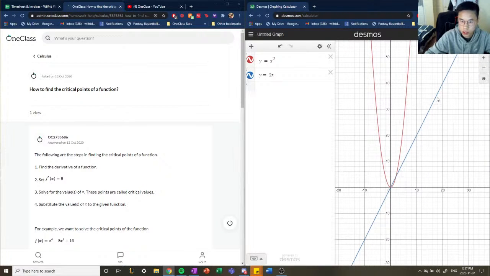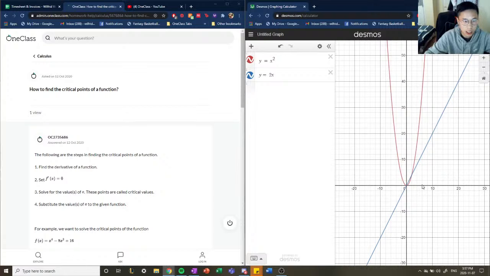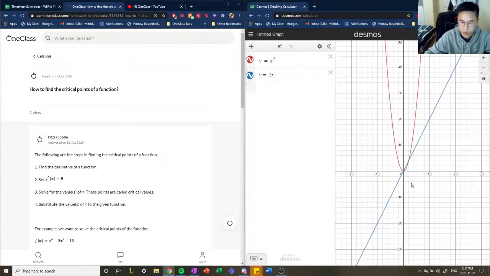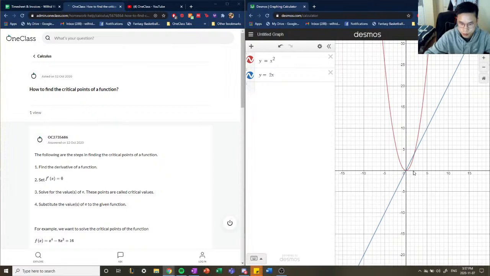This resulting derivative function gives us a look at how this original function, or parabola, behaves. And the critical point, as we described before, is the values of x of f prime of x, or the derivative of our function, where f prime of x equals 0. There's only one point here, and it's at 0, 0.